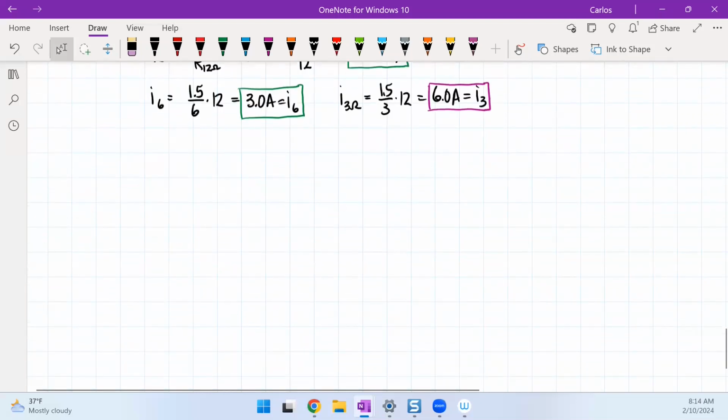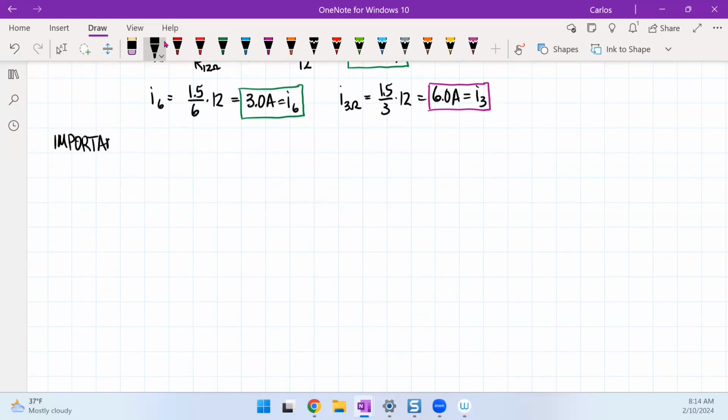Now let's go to these tricks that I want to talk about. So I would say that for parallel resistor tricks, what you're going to find here is there are two tricks that could significantly help with calculations.